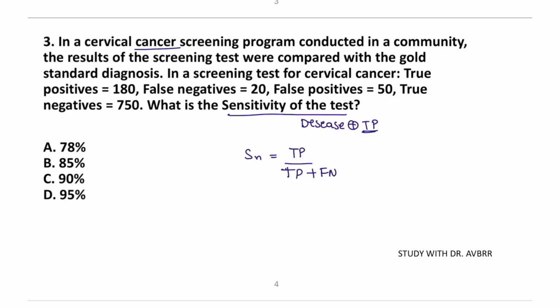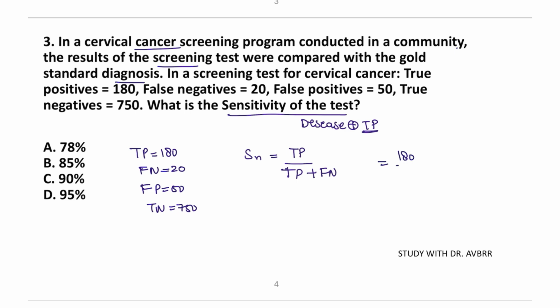Next, cervical cancer screening has been done in your community. The results of the screening test were compared with the gold standard diagnosis. In the screening test for cervical cancer, the true positives are 180, false negatives are 20, false positives are 50, and true negatives are 750. Just substitute the values in this formula, guys.